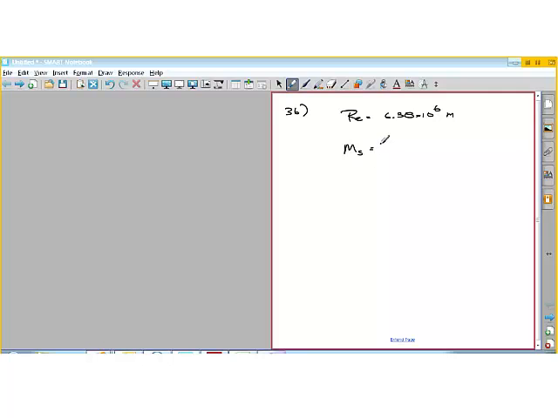Do we need to know the mass of the Sun? Let's think here. Because if you think about it, the density is the mass per unit volume, and we can calculate the volume from the radius. We need to know the mass of the Sun.